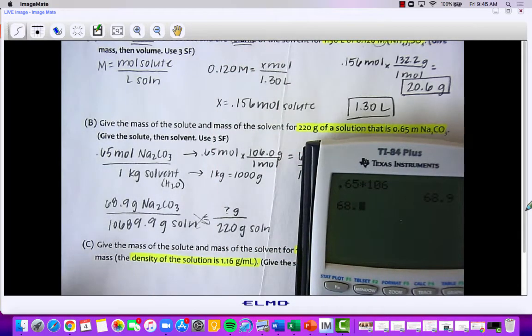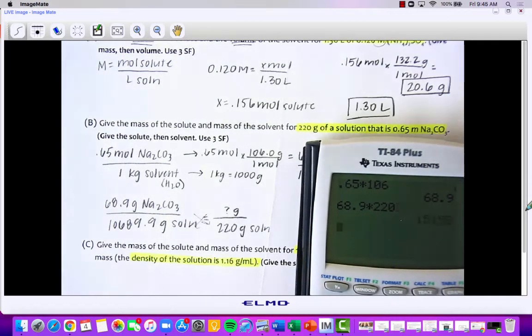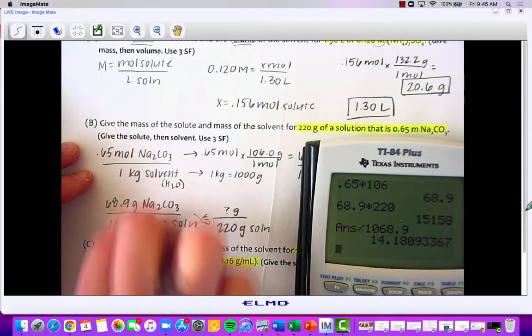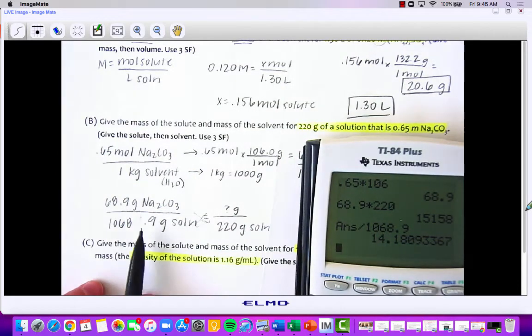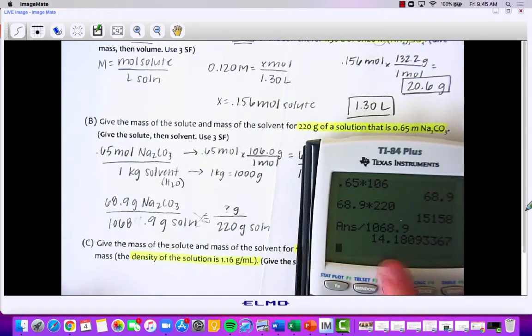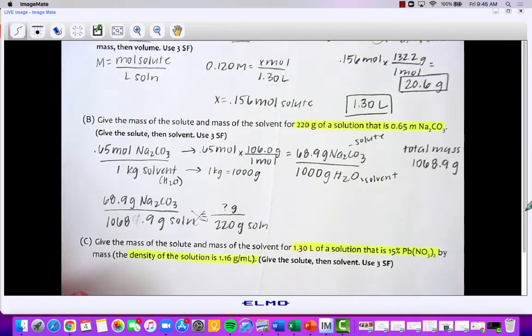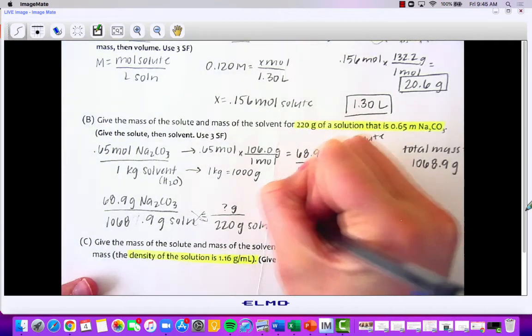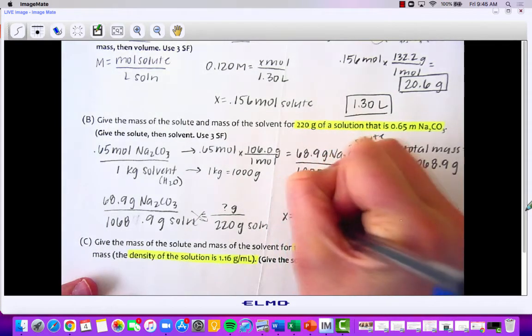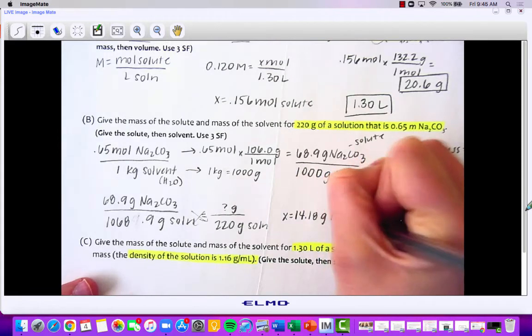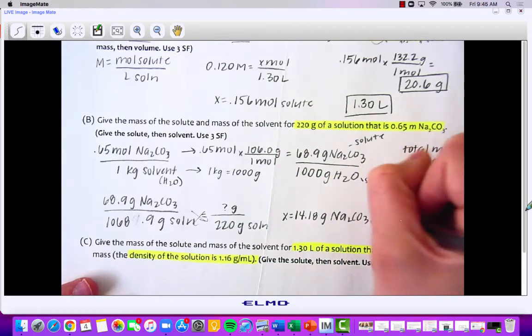So 68.9 times 220 divided by 1,068.9 gives us 14.18 grams of Na2CO3. So here's my solute.